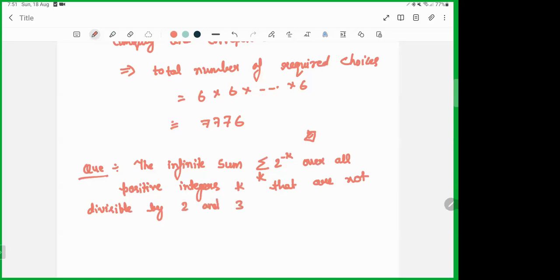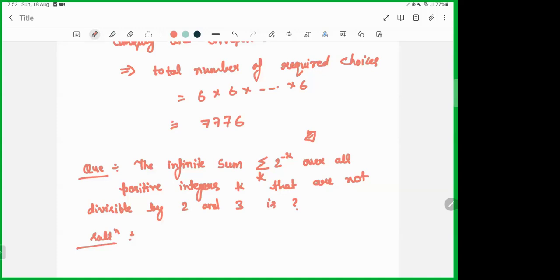The infinite sum over all positive integers k that are not divisible by 2 and 3 is... So we have to determine this summation of 2 to the power minus k over all positive integers k that are not divisible by 2 and 3.